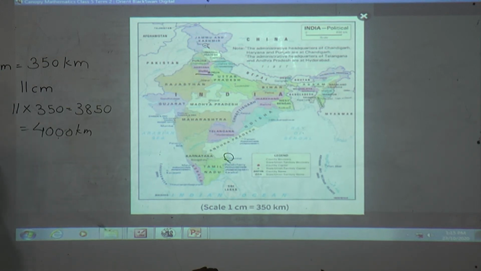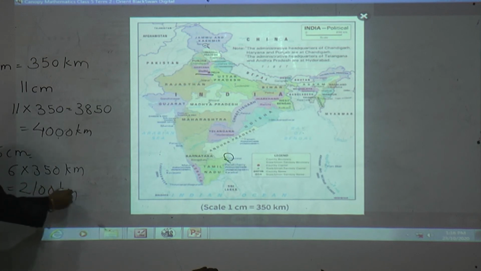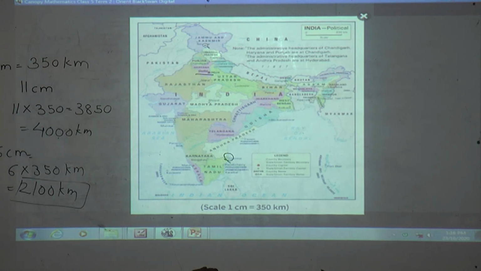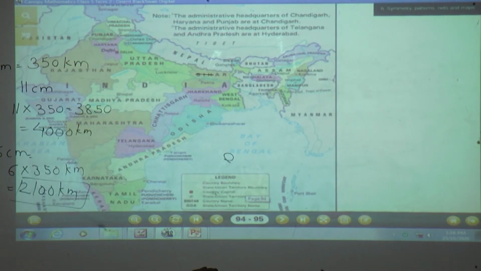So 6 centimeters is equal to 6 multiplied by 350 kilometers, because our scale is 1 centimeter is equal to 350 kilometers. So you will get the answer 2,100 kilometers.